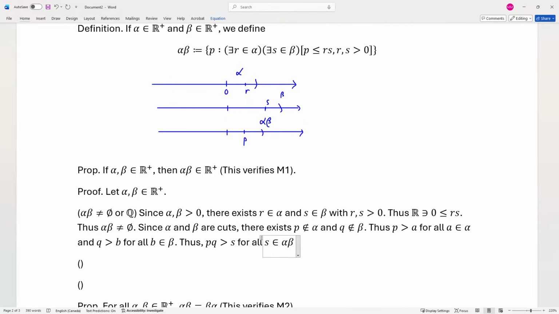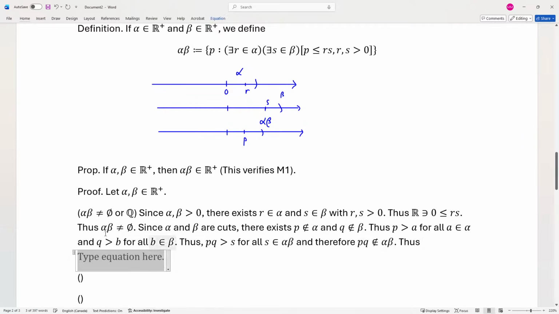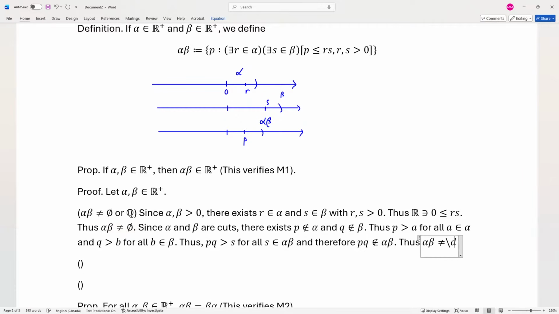That tells us PQ is not in alpha times beta, and therefore alpha times beta is not the whole Q. Okay, so we're done with the first property.